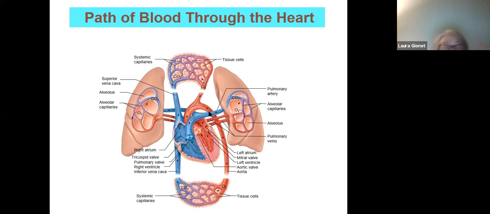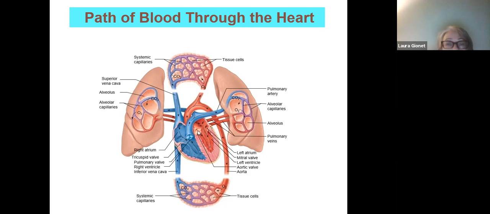You can follow either one, and it travels out to a lung. It drops off carbon dioxide and picks up oxygen, on both sides. They return via two pairs of pulmonary veins to the left atrium. From the left atrium, blood passes through the mitral or bicuspid valve, and from there to the left ventricle.